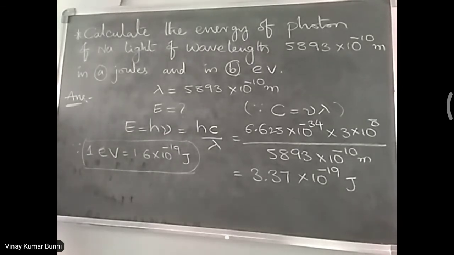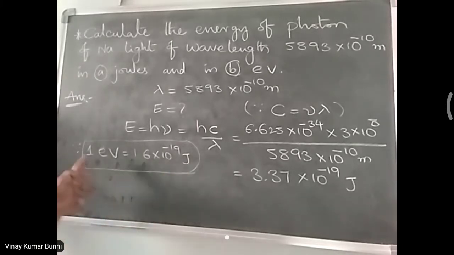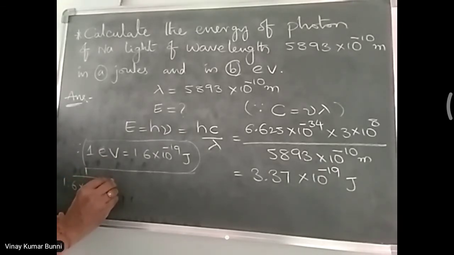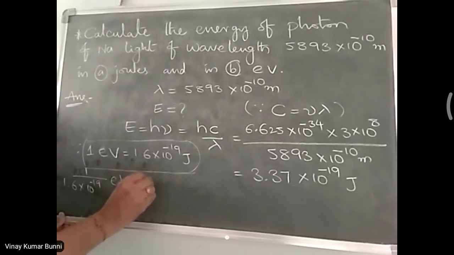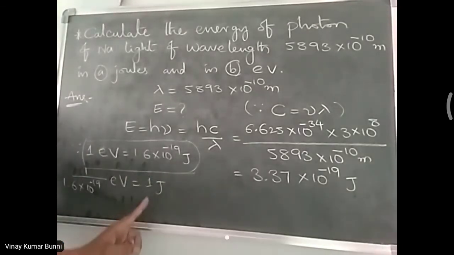Convert this. If you want to take 1 joule, that will be 1 by 1.6 into 10 power minus 19 electron volts. So in place of joule, you can substitute this value.